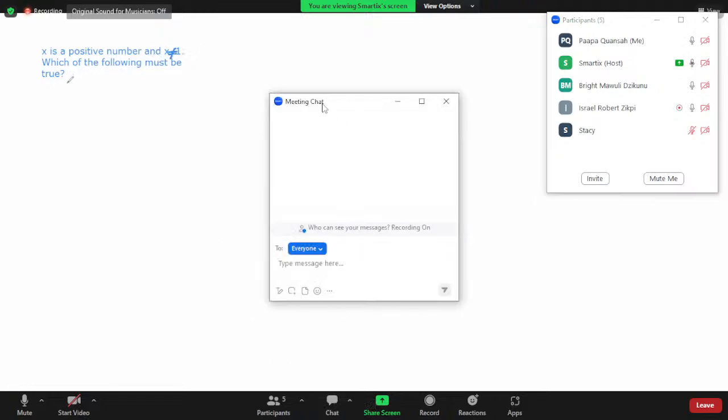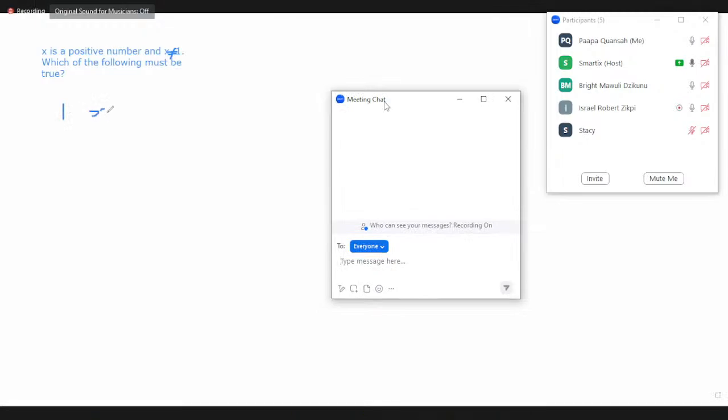Which of the following is true? I: x cubed is greater than x squared. II: 1 over x is less than x. III: 3x is greater than 2x. So to the chat quickly, 15 seconds. I want to see 4 answers. Not WhatsApp chat. I mean Zoom chat.